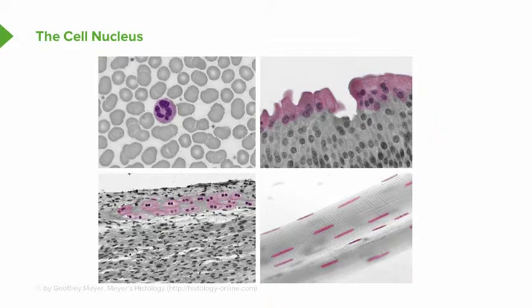It's that dark purple stained structure within the neutrophil in blood. On the top right-hand side, if you look at the very surface cells, they stain slightly more pinker. And if you look carefully at some of those cells, they each contain two nuclei, or they're binucleate.